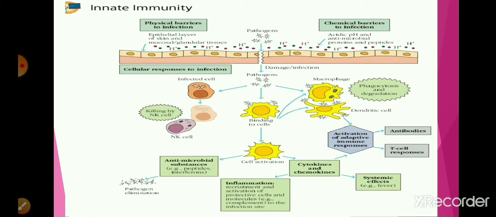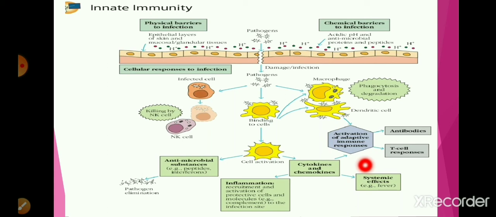In this figure you can see that the natural killer cell recognizes and kills some virus-infected cells. Cytokines and chemokines can cause systemic effects that help to eliminate an infection, for example fever.